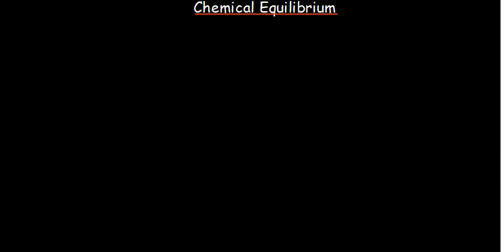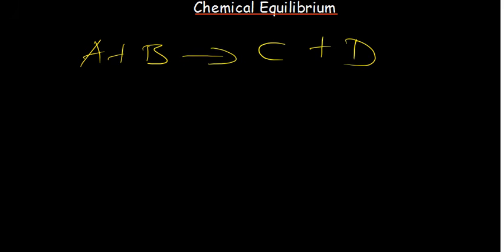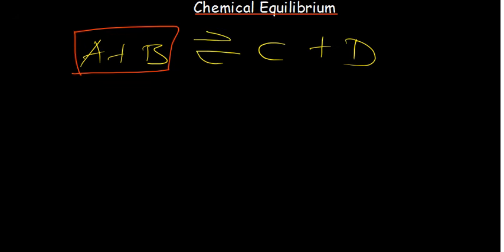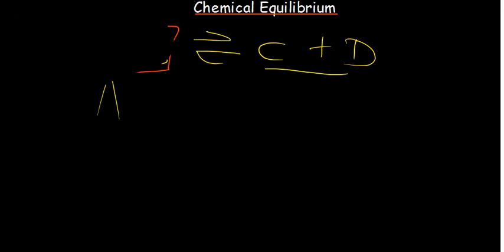So in a case where, let's say, you have A and B reacting to give C and D, you may find that you're only starting with A and B. So there's no way you can have a backward reaction. First of all, you need to produce some products, and then the products will also start reacting to give you back the reactants. All those things are supposed to happen.